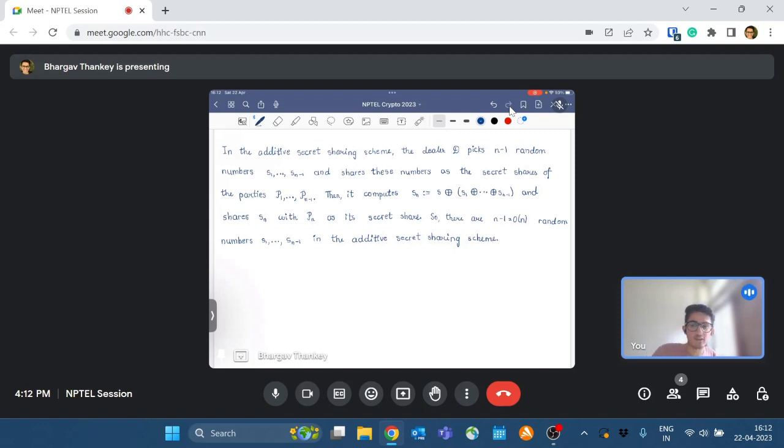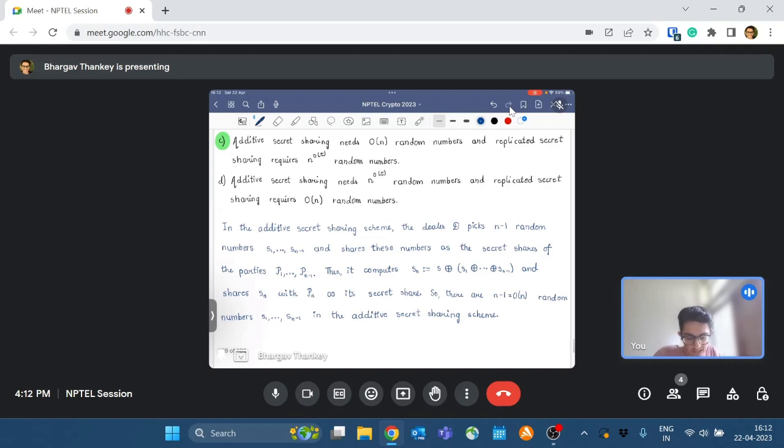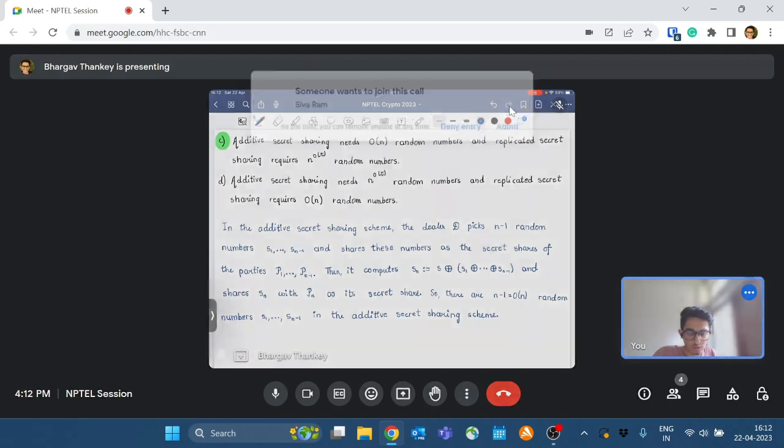Over here, S1 to Sn minus 1 are random and Sn is not random. So there are n minus 1 random numbers, and n minus 1 is order n. So the first part of option C, which says that additive secret sharing needs order n random numbers, is true.